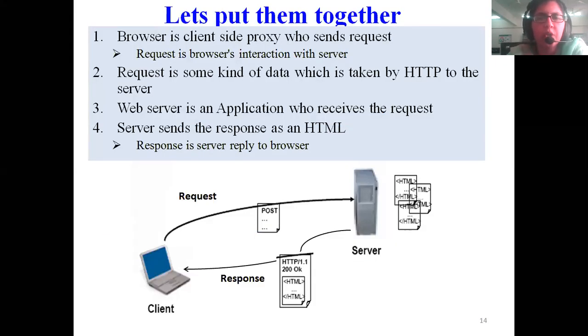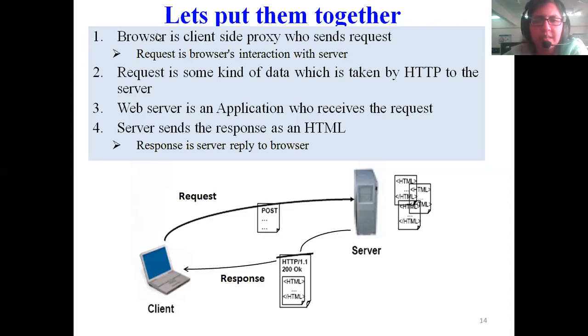So putting it all together, this diagram will give you an understanding of how the client makes a request to the server, and how the server gives back the response. The browser is the client-side proxy which sends the request. The request is the browser interaction with the server.